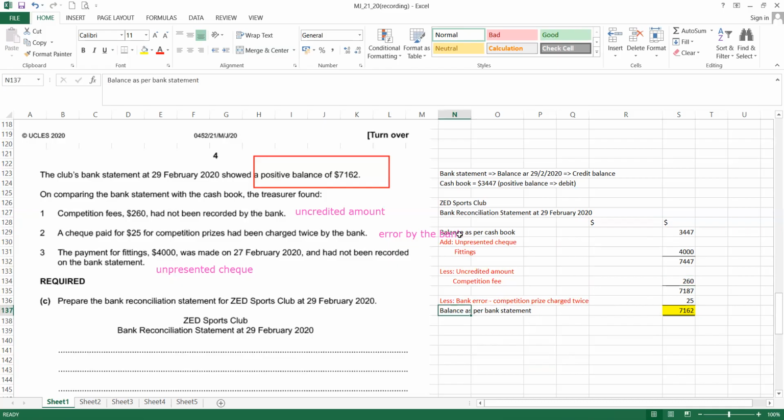But come to the final part of this bank reconciliation statement, balance as per bank statement. If the question gives the number itself, saying bank statement positive balance 7162, and, let's say for example, I made a mistake in here. Instead of minus, I thought it should be plus, so I accidentally plus it.